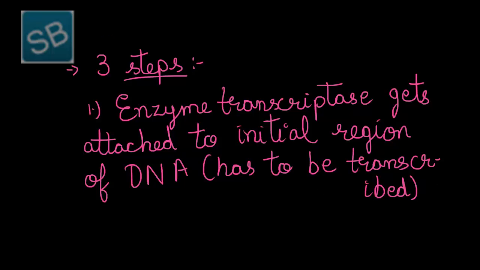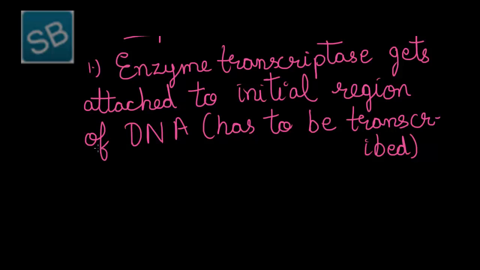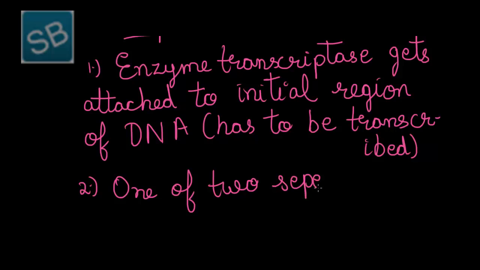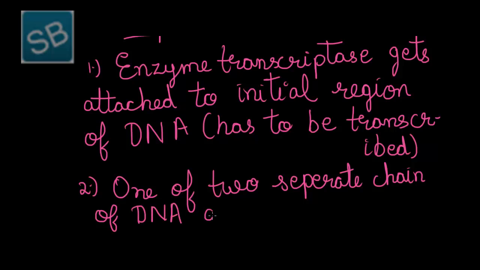In the second stage, that is, after the enzyme transcriptase gets attached to the initial region of DNA and the 2 strands which are separated start moving away from each other, following which one of the 2 separated chains of DNA acts as a template chain.